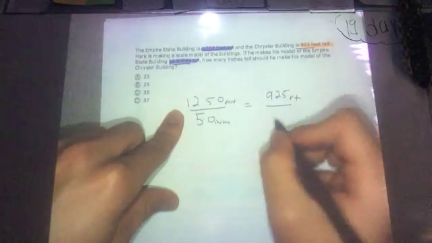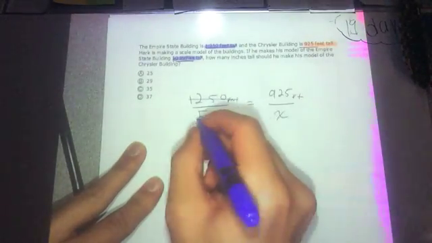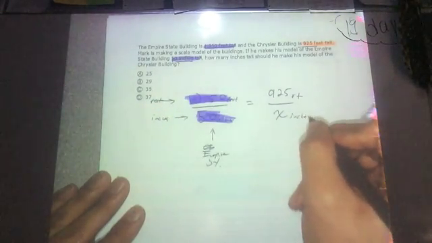And this is going to be equal to this here, 925 feet, and we're going to be solving for x. So the purple here is Empire State, and also notice here we've got feet here, we've got inches here. So now notice how everything is horizontally and vertically aligned.